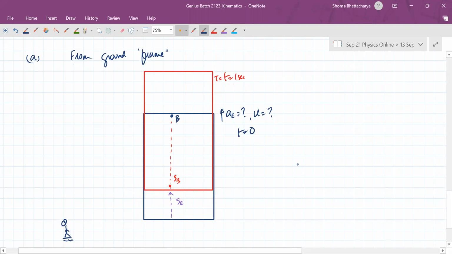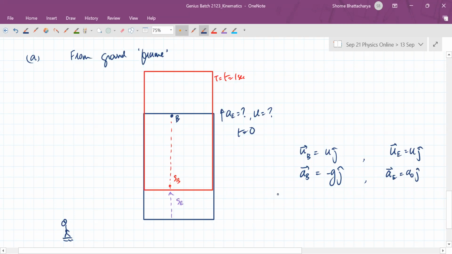So for the observer on the ground, what is happening? The initial velocity of the bolt in the ground frame is u j cap, which we don't know. But the acceleration of the bolt is minus g j cap. And the initial velocity of the elevator is the same thing, but unknown, let's say. You can also substitute the value given in the second part, but you'll see it's not necessary actually. Acceleration of the elevator is a naught j cap.